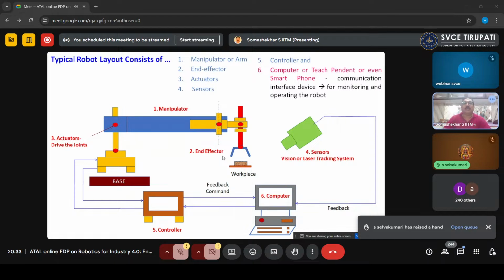Please note, friends, a robotic layout means the robot, end effector, actuators, sensors, and the robotic controller. All of these you control through your computer, smartphone, or teach pendant. The whole together is called a robotic layout.